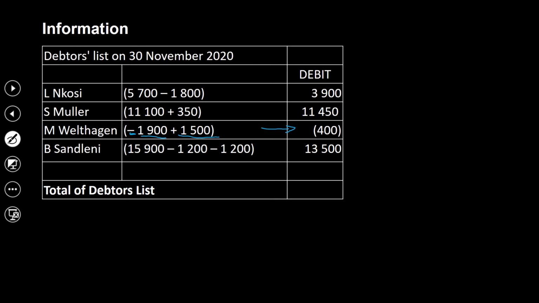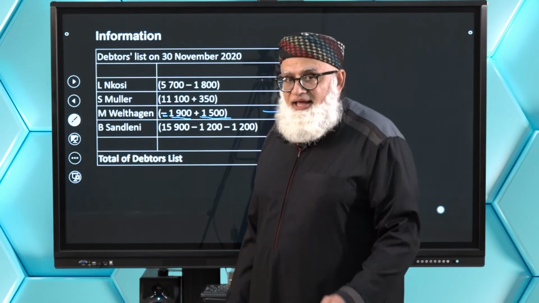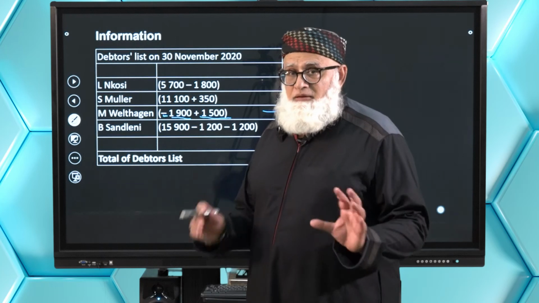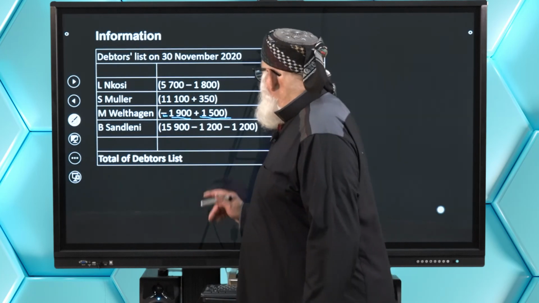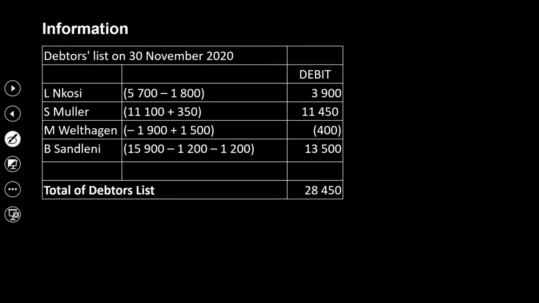What do we now do? We've now done all the omissions and errors in both the control account and the list, and we now have to add our debtors list, and here we go. Add your 3,900 plus 11,450 plus minus the 400 plus 13,500 will give you a final balance of 28,450.